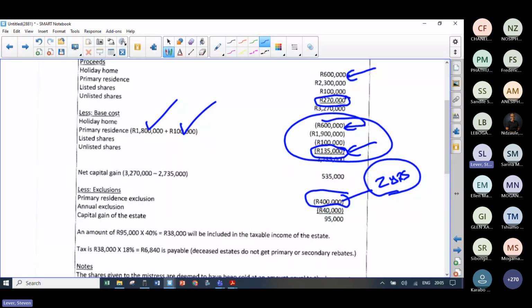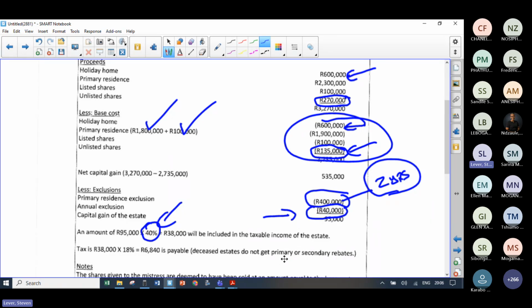The second thing is that the executor is treated as a human being. So there's a 40,000 rand CGT annual exclusion for the executor. There is a 40% inclusion rate for the executor. It's like a normal person. And where do executors pay tax? They pay tax on a normal table, but they do not get primary or secondary rebates.